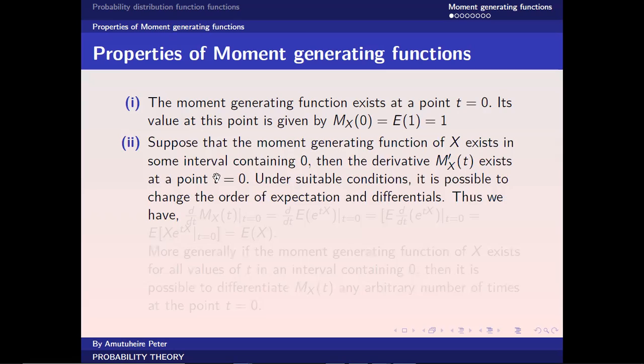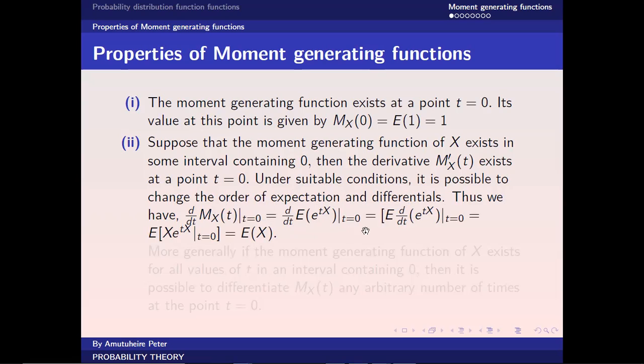So the derivative exists at t equal to 0 under suitable conditions, and it is possible to change the order of expectation and differentiation. Thus, when we differentiate the moment generating function at t equal to 0, it is the same as differentiating the expectation of e^(tx) at t equal to 0.